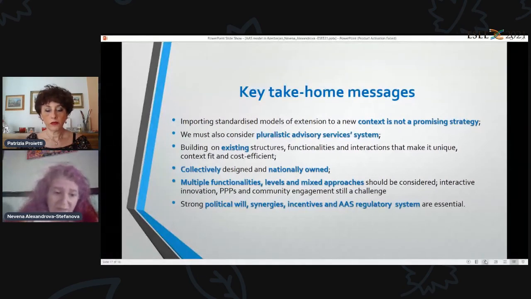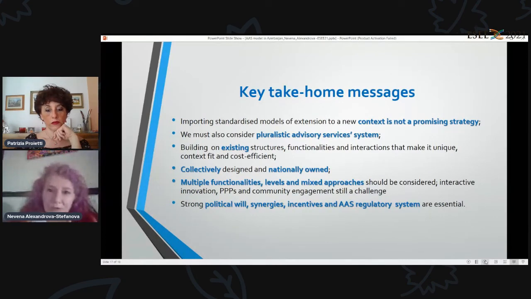But it's also important to provide multiple functionalities, levels, and mixed approaches, at least at the beginning of the design of such methodologies that bring interactive innovation, public-private partnerships, and community engagement.